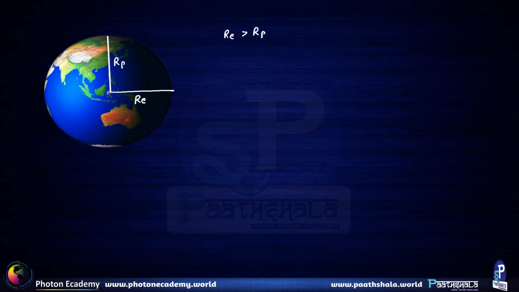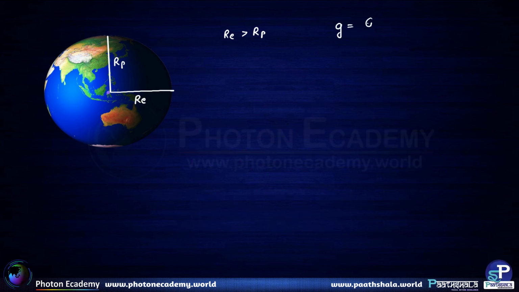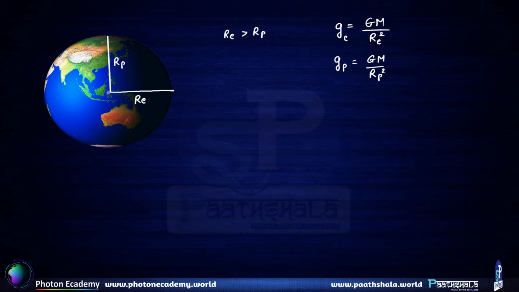Because of that, we can understand that g is equal to G M upon the radius of the earth square. So g at equator will be G M upon R_E square, and g at poles will be G M upon R_P square. So g at equator is going to be less than g at pole, because R at equator is greater than R at pole as shown in the diagram.